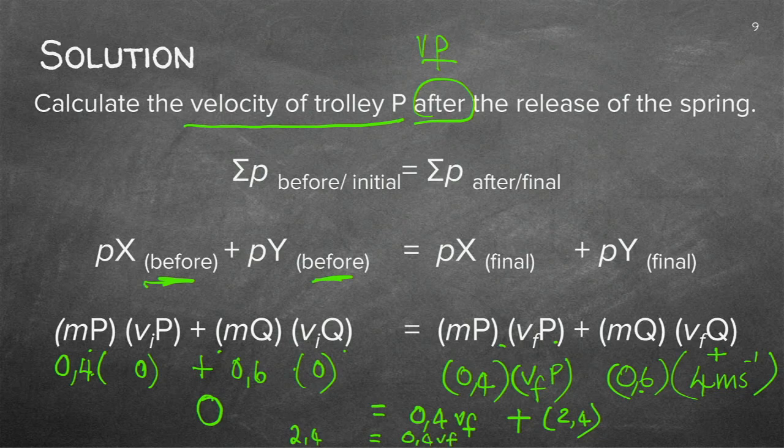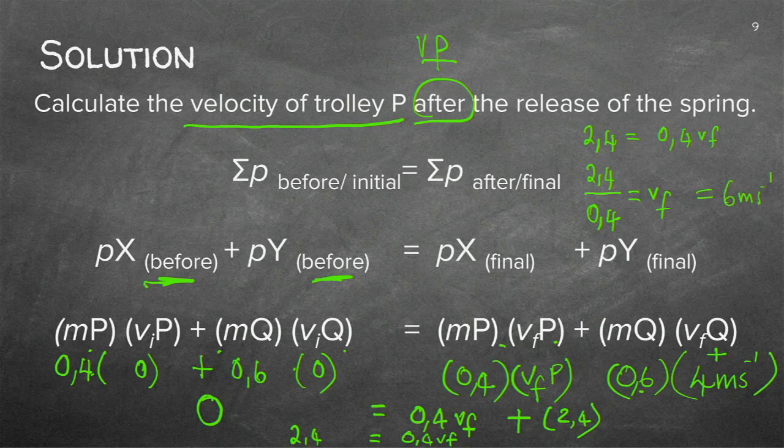Let me quickly write this here. Can you do the math? It is 2.4 divided by 0.4, which will give me the final velocity. And if you do that, you get 6 meters per second.